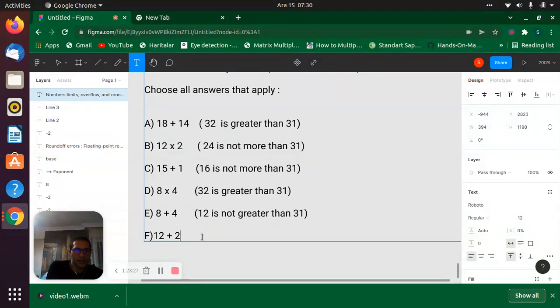And this one is just 14. This is really a poor number. It's not greater than 31.